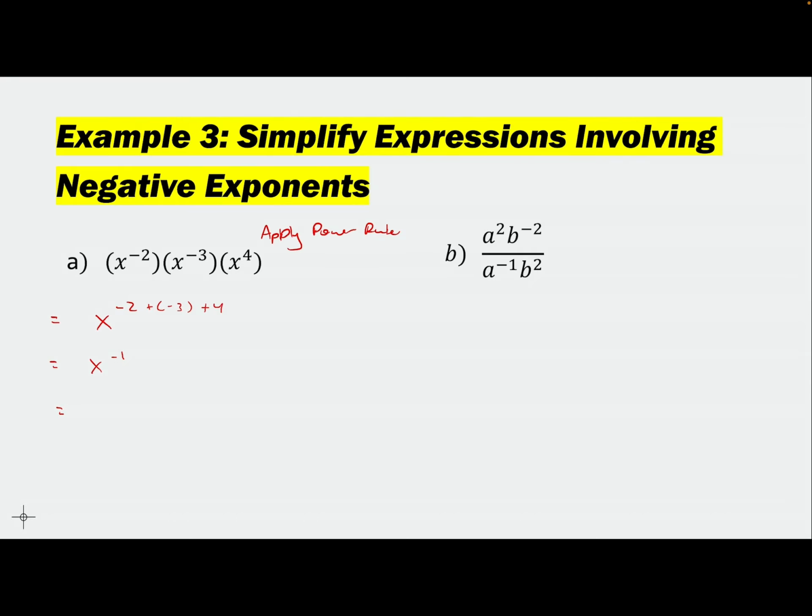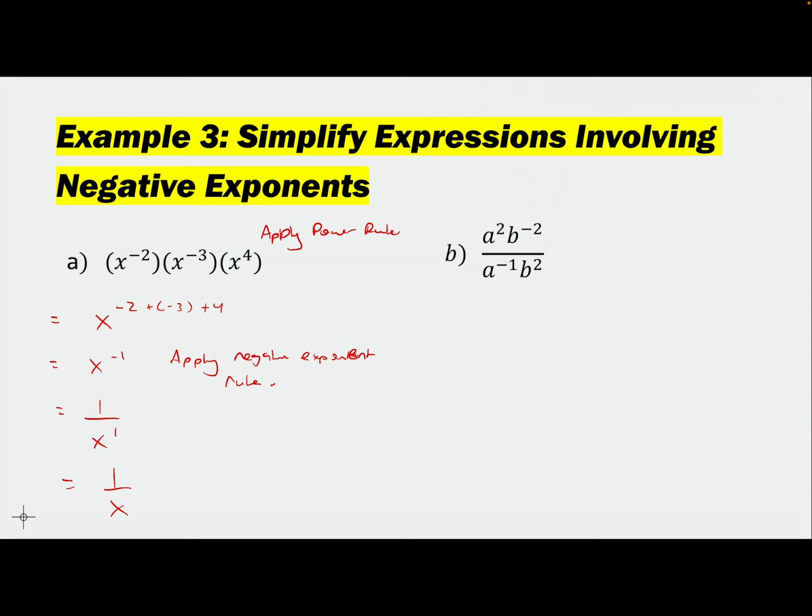Then I can apply the negative exponent rule. And I'll have 1 over x to the 1, right? So I move it in the denominator and make the exponent positive. So 1 over x to the 1, well, that's just 1 over x. Okay, you don't even need to write that exponent 1 in.